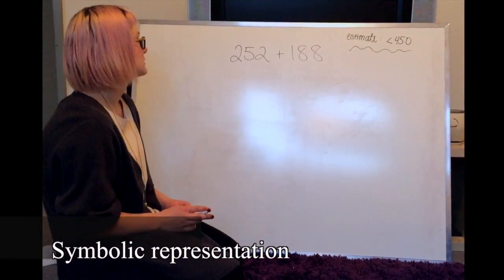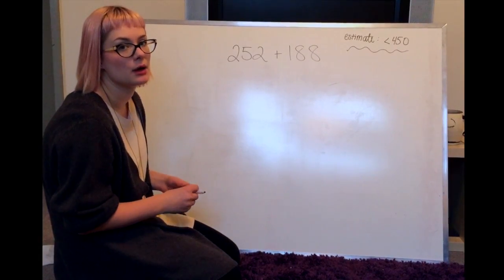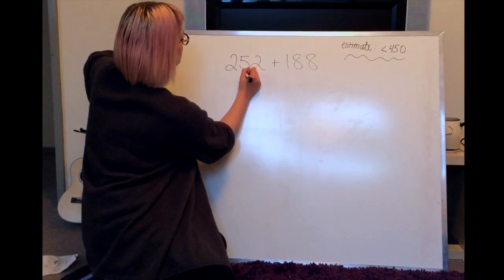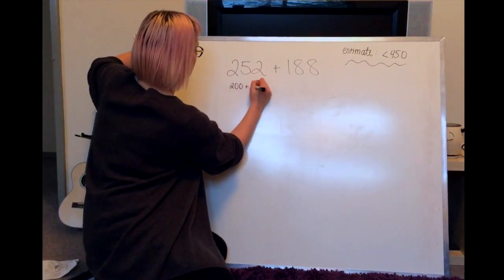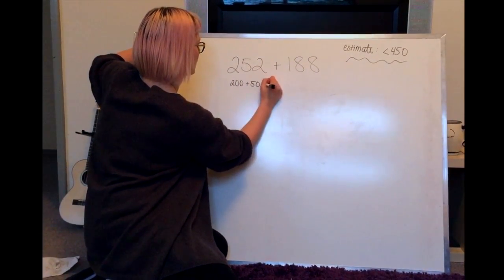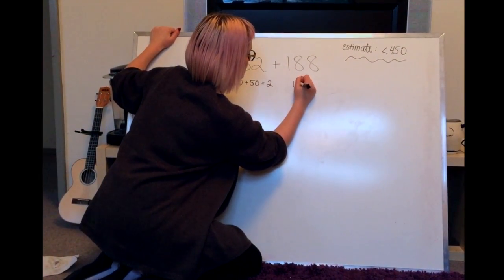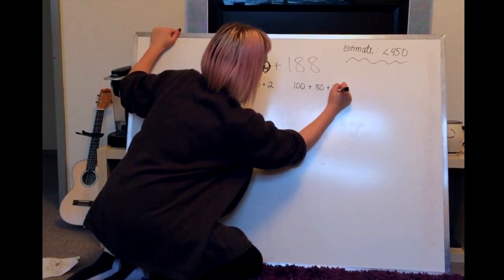Awesome. Okay, so symbolically, I can represent this by breaking up our numbers so that they're a little bit easier to deal with. So I could turn 252 into 200 plus 50 plus 2. And then 188 would be 100 plus 80 plus 8.